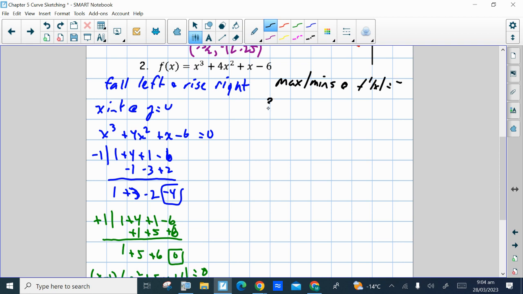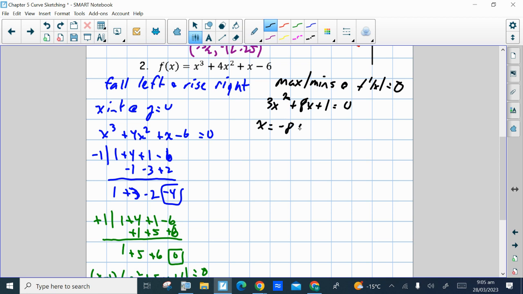So our derivative will be 3x squared plus 8x plus 1. That one cannot be factored, so we will use the quadratic formula.